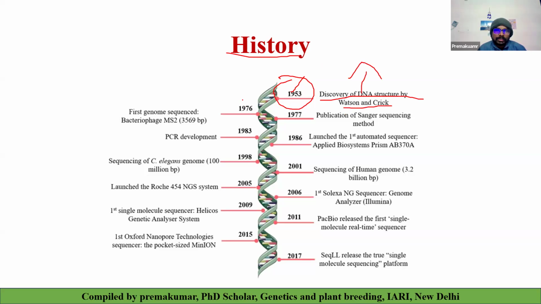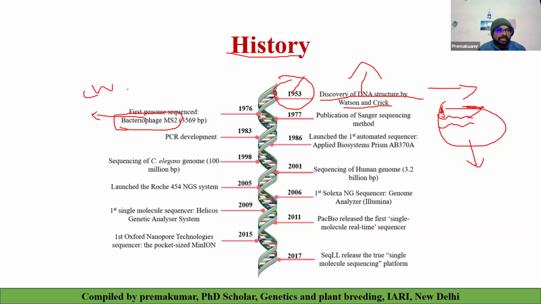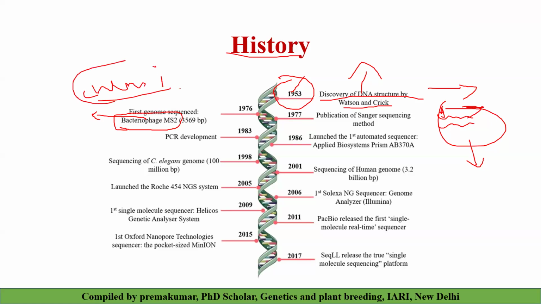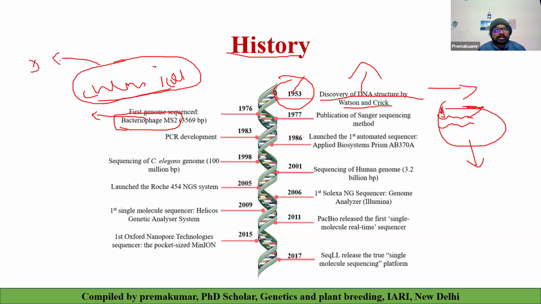Then scientists were interested to know what exactly the bases present in the DNA are, and the order of bases in the genome of every organism. Then bacteriophage MS2 was first sequenced, actually not by Sanger sequencing, but by a chemical based method, a degradation method using several chemicals, discovered by Maxam and Gilbert.